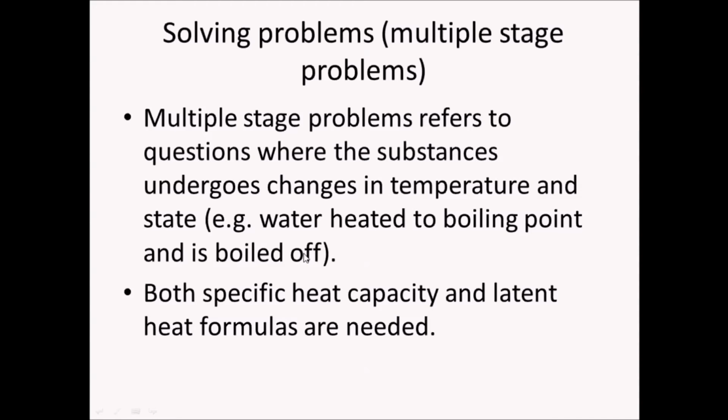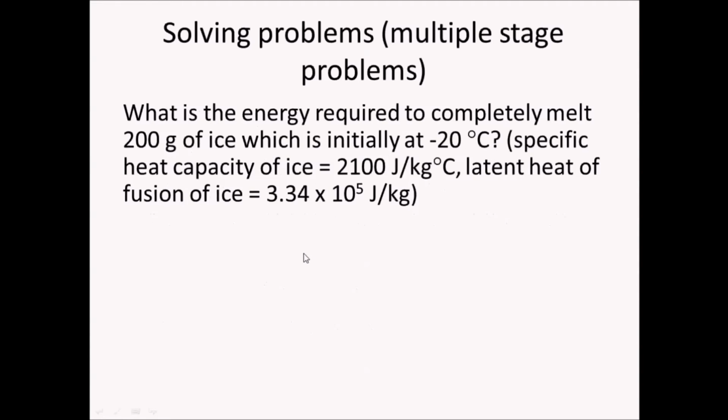So there's a two-stage process, or it could be even more. In this case, you will need to use both the specific heat capacity as well as the latent heat formulas. Now, I can give you an example. What is the energy required to completely melt 200 grams of ice, which is initially at minus 20 degrees? Okay, I would like you to pause the video and try it on your own first.